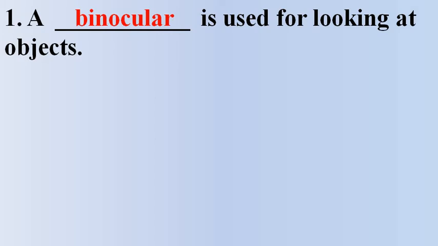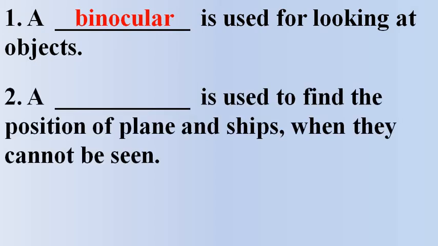Now let's move for the next blank. Number 2. A blank is used to find the position of plane and ships when they cannot be seen.